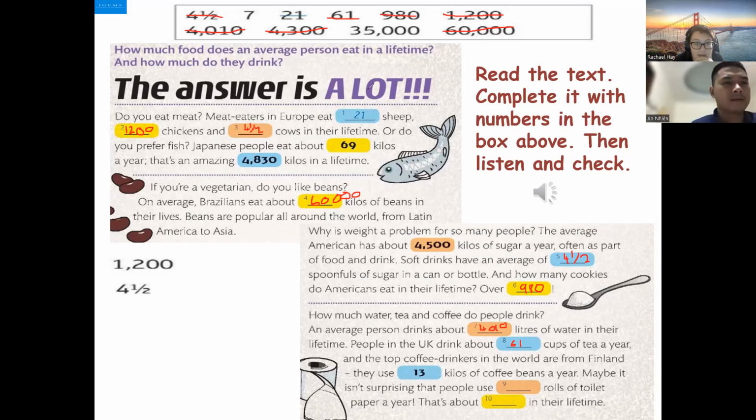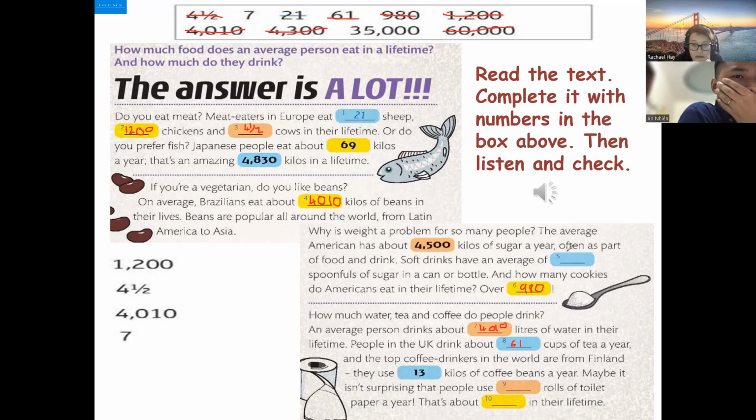Beans is 4,010. Soft drinks have an average of 7.